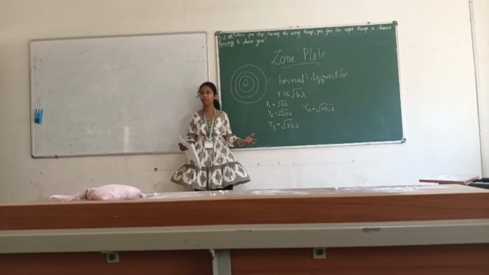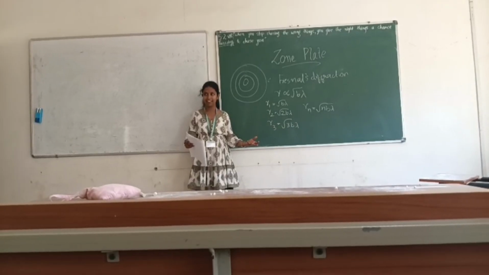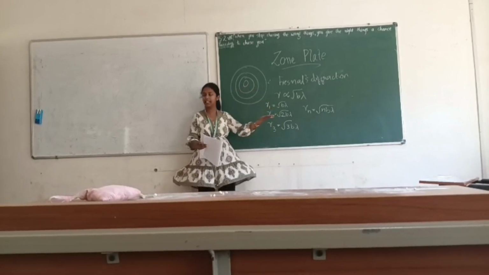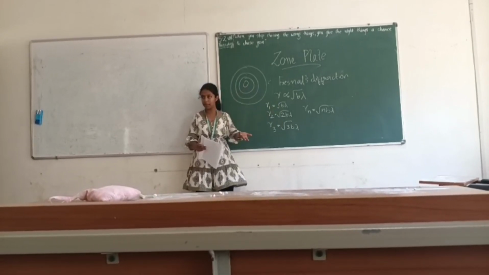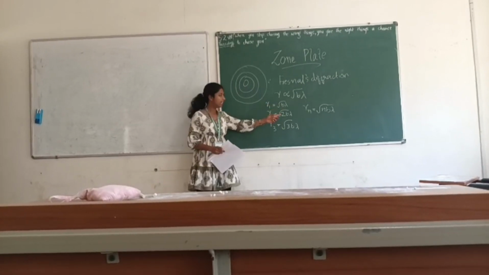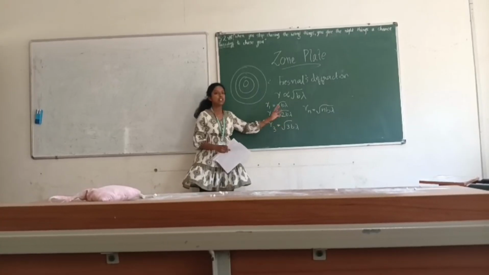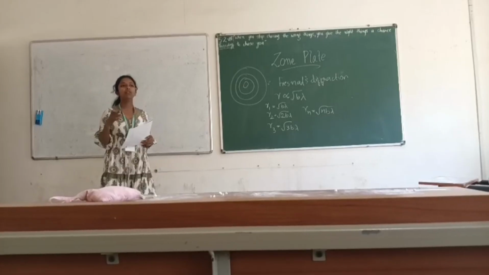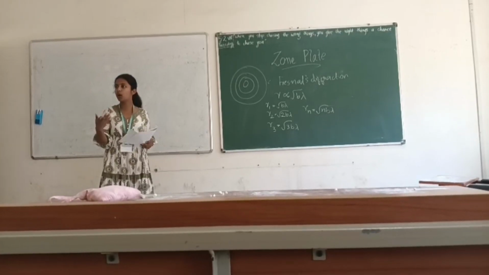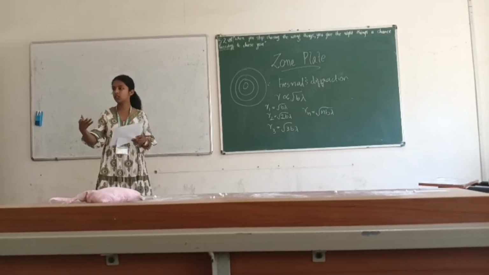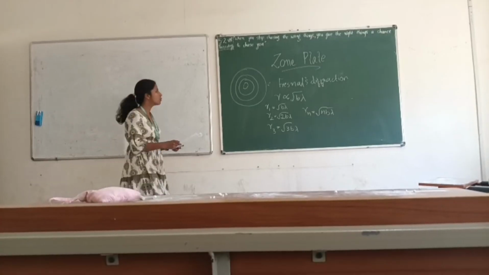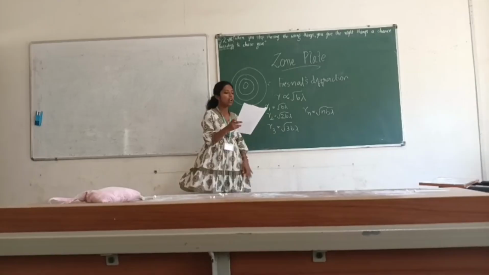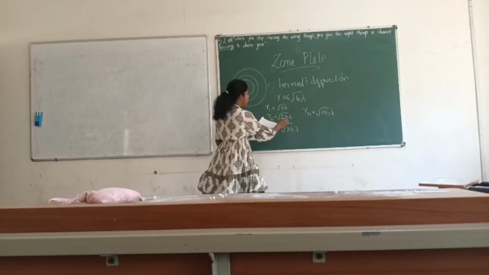What is that? It is b lambda. Other than b lambda, how is the radius increasing? By each natural number. Here it is 1, then it changes into 2, then 3. So the radius of the zone plate is directly proportional to the square root of each natural number. Understood that? Okay. So we have found this.